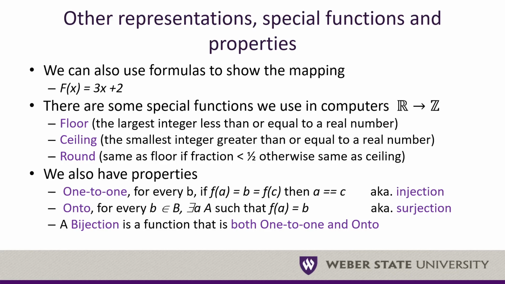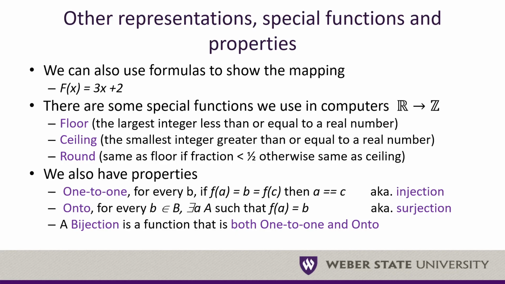And then bijection is one that is both one-to-one and onto. In other words, every A maps to a specific B, and B only has one A that maps to it, and every B has an A that maps to it. This implies something about the size, the cardinality of the sets.